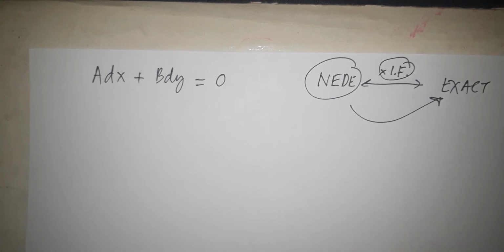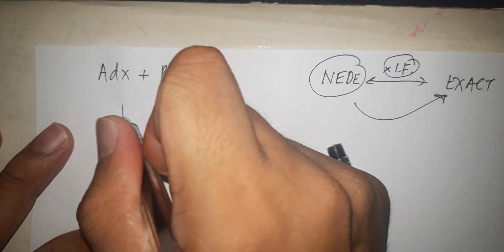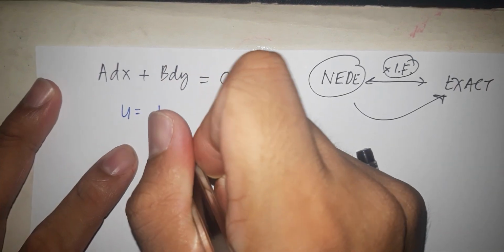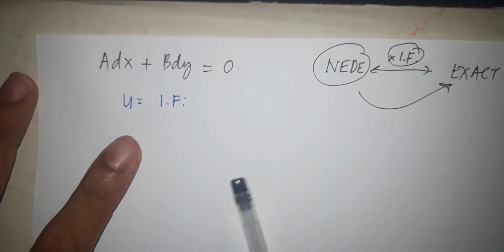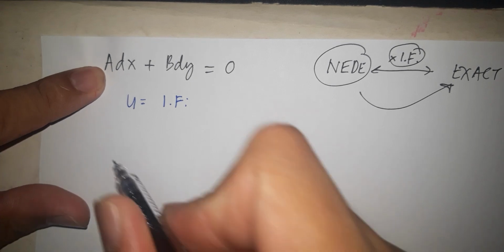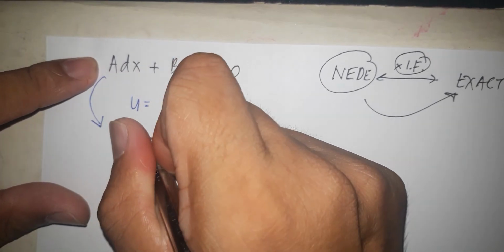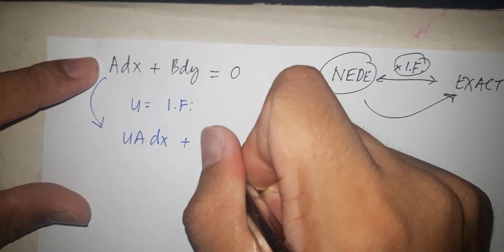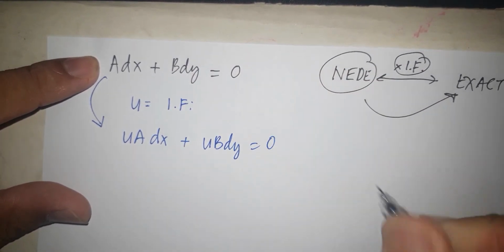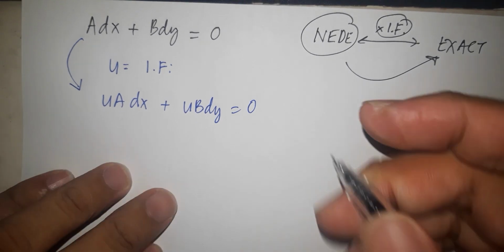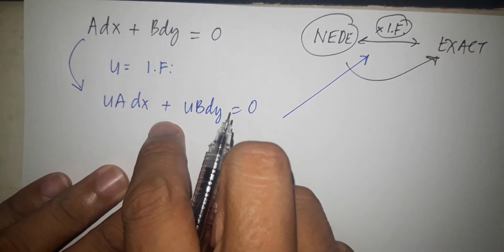So, let u be the integrating factor. So, if I'm going to multiply this by u, this gives you uA dx plus uB dy is equal to 0. So again, ang aim ni IF is to make this exact.